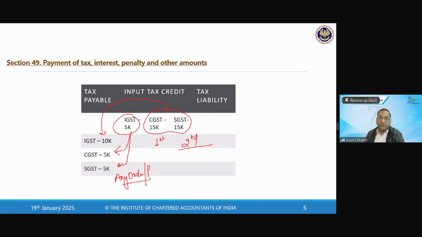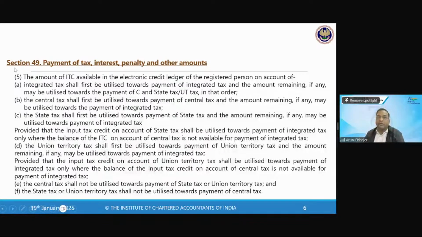Now read the proviso. It says that ITC of S will be used toward I only when the balance in C is not available. It means for C and S there is no concept of any order, any manner, any proportion. No, it will have the order: first C and then S. I hope it is clear.